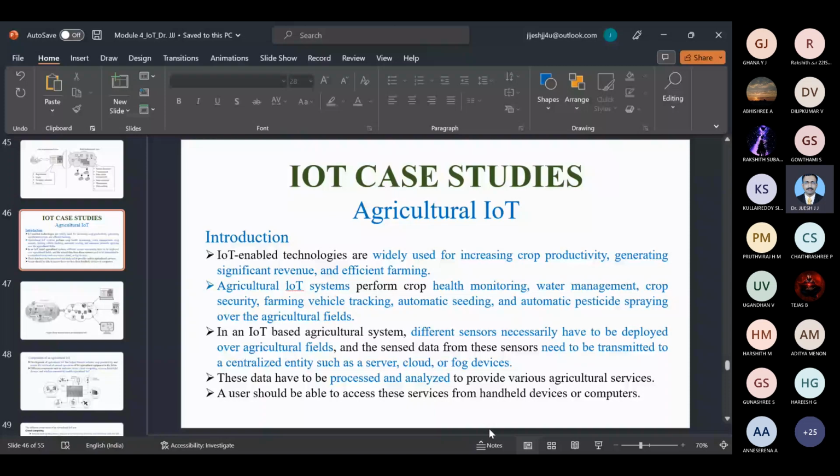So it helps you to monitor all this process, and you can have a very good engineering or technical viewpoint, so that you can make a proper systematic process which helps the farmers to come out with very good productivity without investment of too much, or with proper monitoring of the entire process.